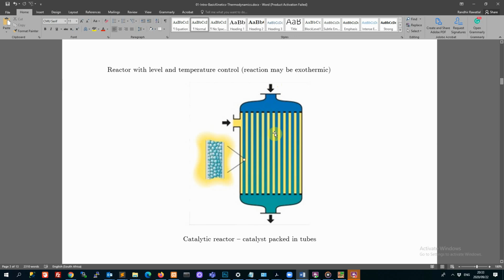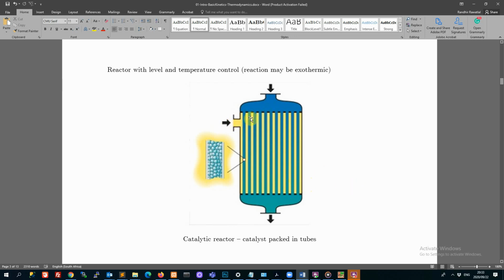So this coolant is flowing around the outside of these thin yellow-colored tubes. So you've got perhaps a coolant flowing through here, and then you've got your reacting fluid that's entering the tubes. So obviously there's some kind of manifold here that helps you transfer from here into the tubes. But you've got your reacting fluid in the tubes, not in contact with the coolant fluid. And then there'll be some exit somewhere to remove the product.